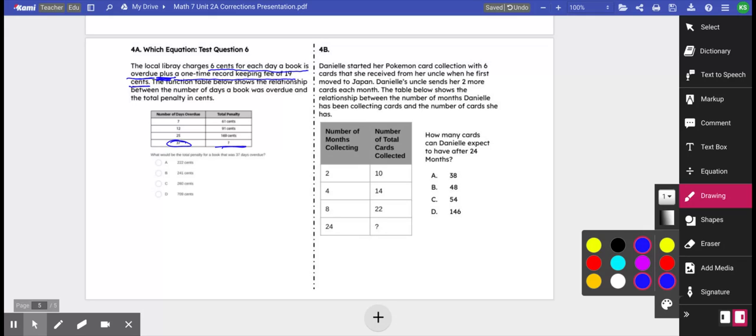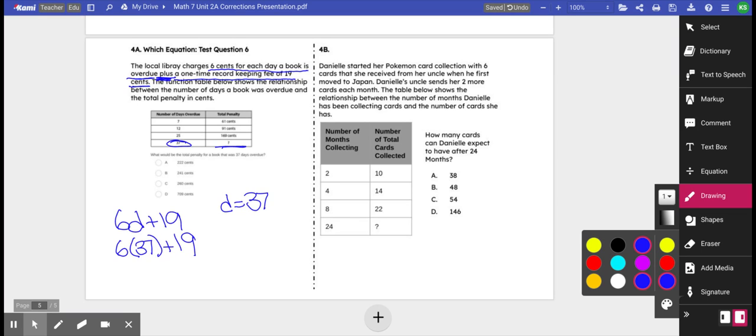So it tells me that my total is going to equal 6 times D, where I just use D as days. So 6 cents a day plus 19 cents. And they tell us that the number of days we want to find is 37. So I'm going to take this equation and plug in 37 for D. So 6 times 37 plus 19.